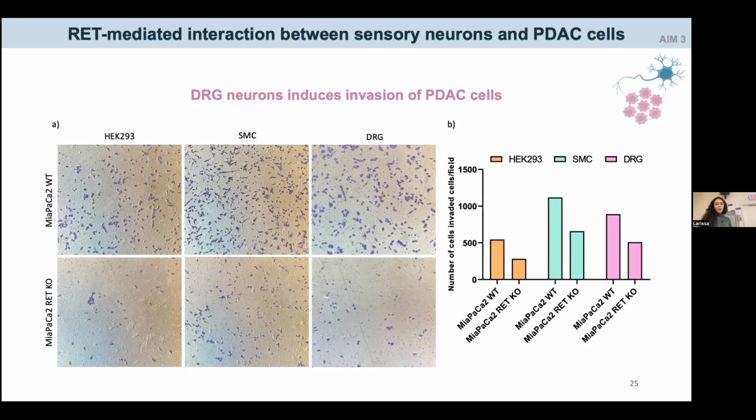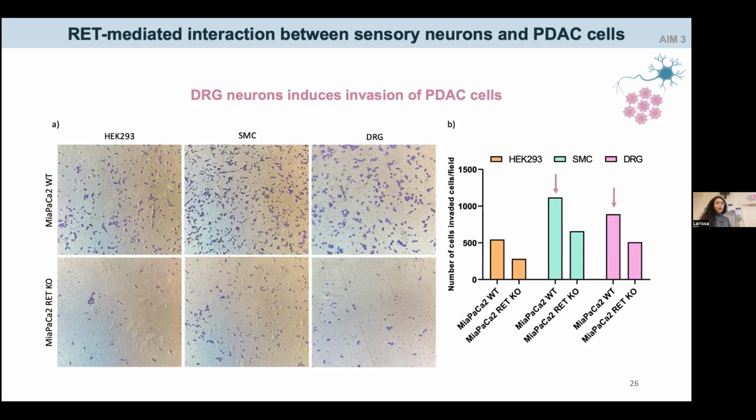Our results showed that MIA-PaCa2 RET knockout, as we can see here, had a lower number of invading cells compared to the MIA-PaCa2 wild type cells in response to any type of cells seeded at the bottom.